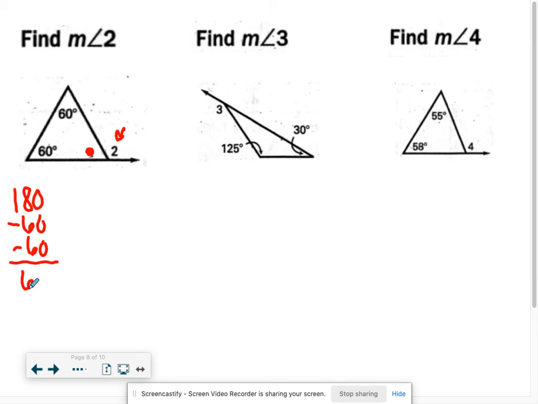Perfect. So now if this angle right there is 60, what do these two have to add to if they make a straight line? 180. Yeah, 180, right? So I can take 180 and take away that 60. And what do we get? 120. Yeah, so that's our answer. 120.